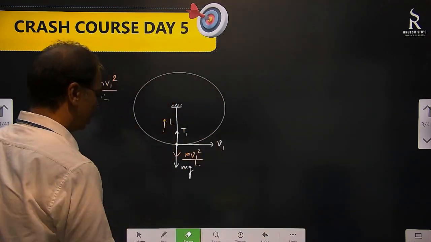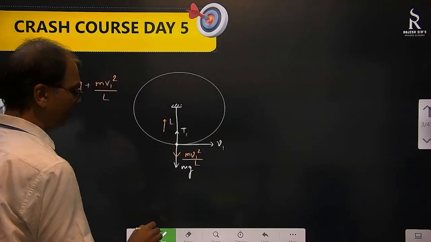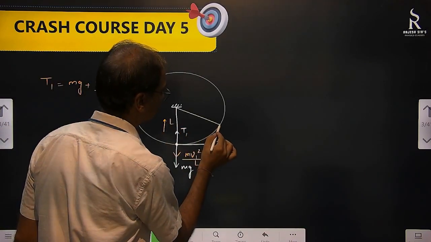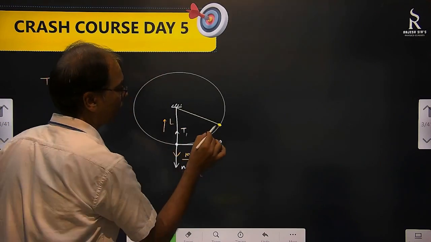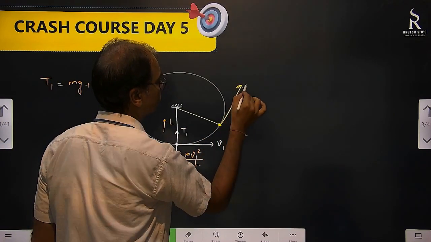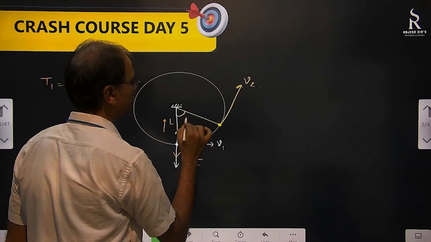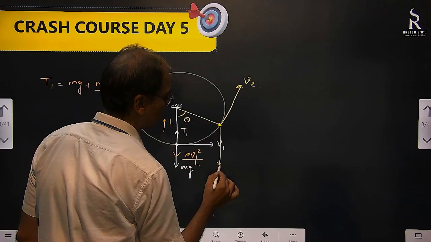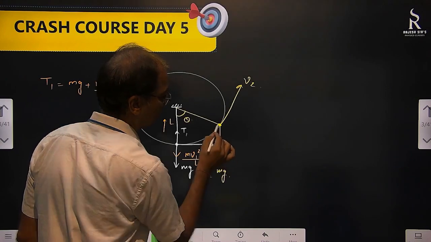Alright. Then let's go to another point. Which point we are going now? Let's go to this point. Okay. Now here velocity is v2. This is theta. Okay. This is your mg. mg cos theta.